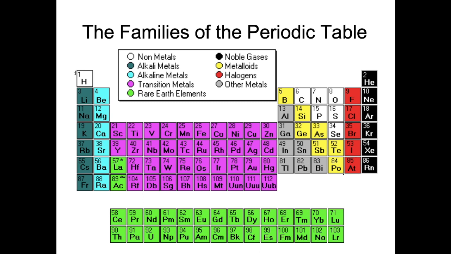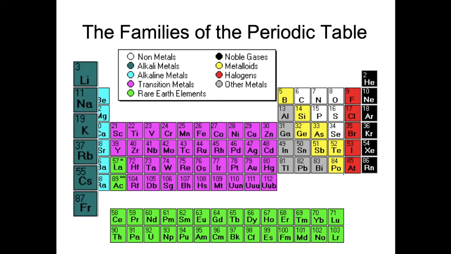Columns on the periodic table are called groups or families because elements within the same column share very similar physical properties. You're also going to see that they share very similar electron configurations because the arrangement of an element's electrons is related to its properties.